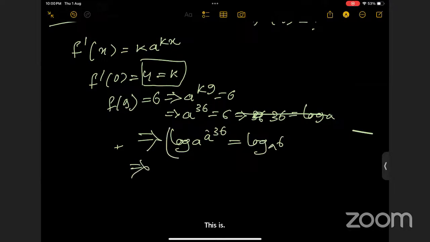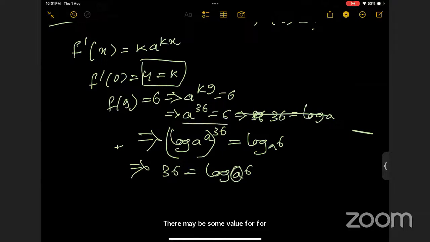Then this will be 1, right? So it will be 36 equals some log a base 6. So there may be some value for this a. Obviously, solving this, I don't think there is any solution, because there is no difference actually.